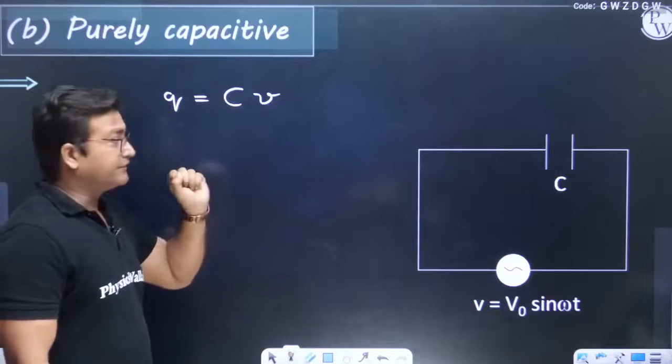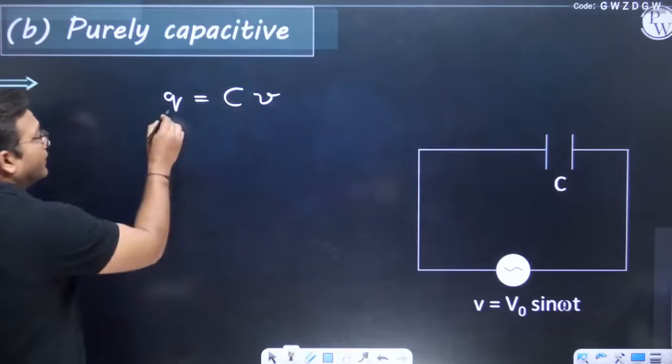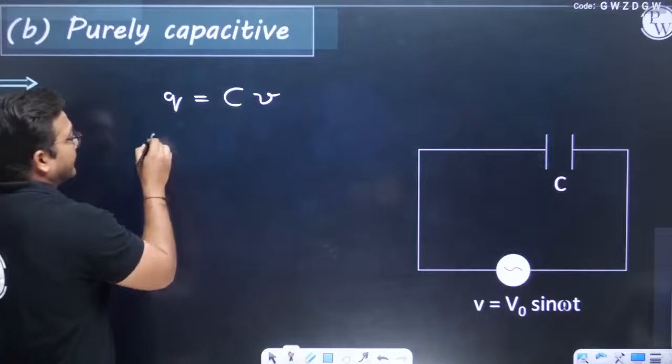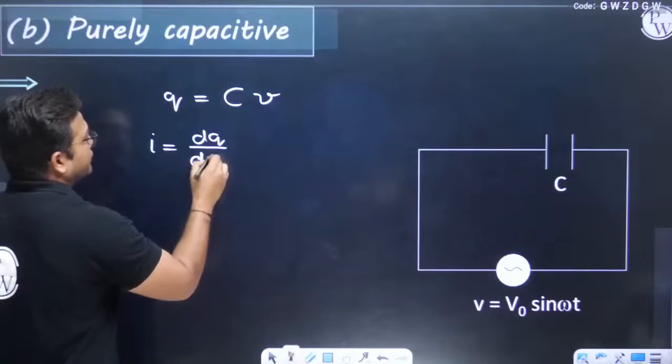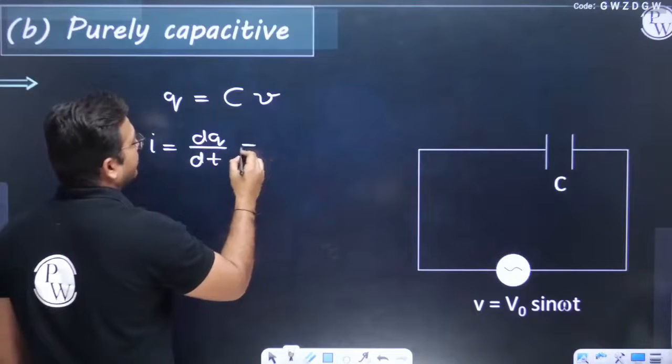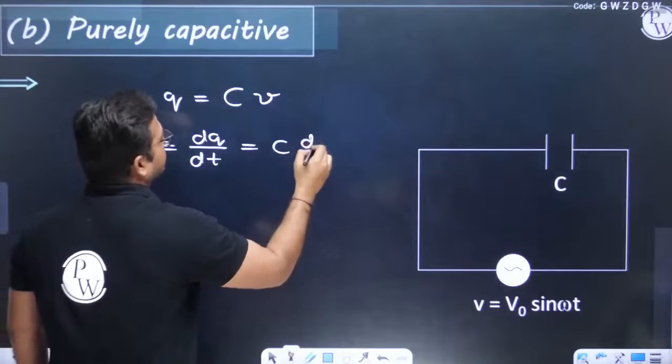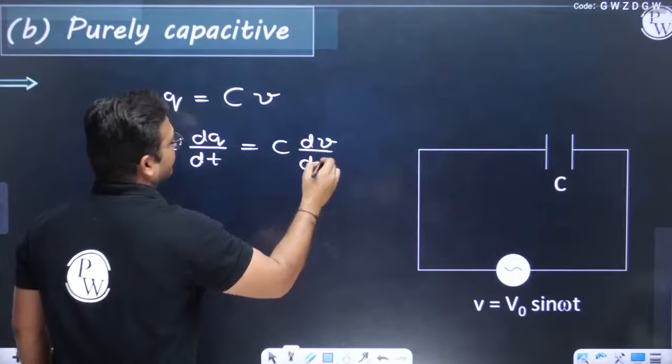This is the value of instantaneous charge on the capacitor. If you want to find the current in the capacitor, the current can be written as the rate of change of charge, dq by dt, and it would be C times dV by dt, as C is a constant.